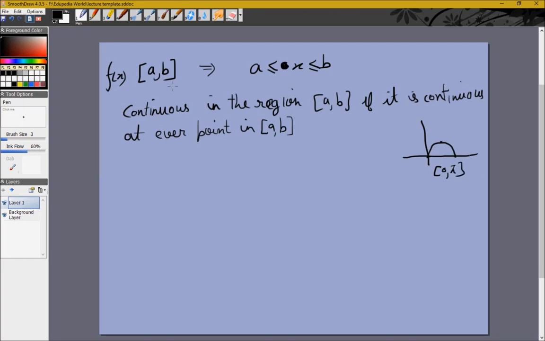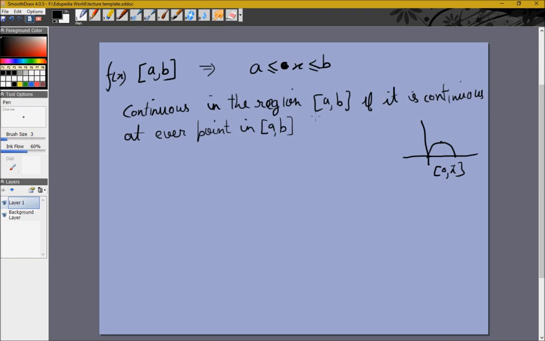For every point except a and b, we need both the left hand and the right hand limits of the function to be equal to the value at the particular point. Say we take a point between a and b, say c. Then the left hand limit at c needs to be equal to the right hand limit at c, and both need to be equal to the value at c.